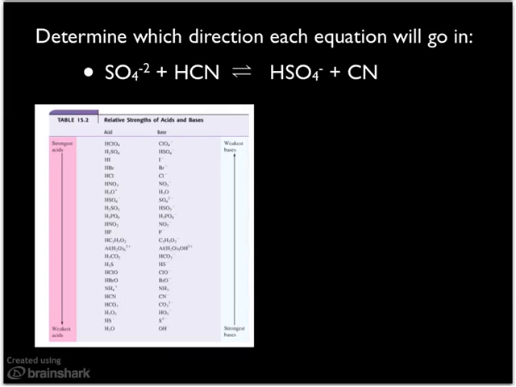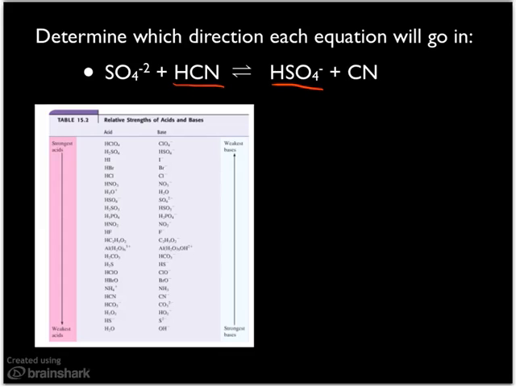In this case, you want to figure out what direction this particular equation is going in, and basically you're trying to figure out which one of these is stronger. Whichever one is stronger is going to ionize, so it's going to go in the opposite direction of it. For example, in this case, what you need to do first is figure out which acids you have. Again, anything that has an H in front of it would be an acid. So you have HCN and you have HSO4 minus.